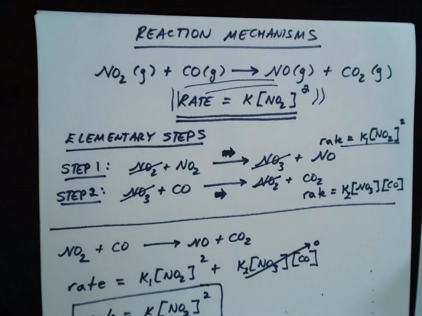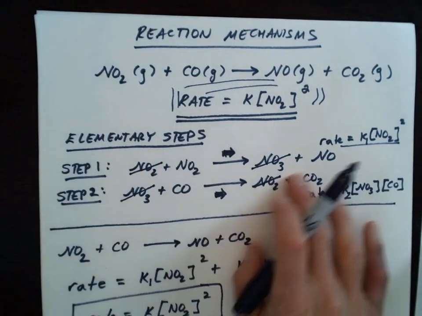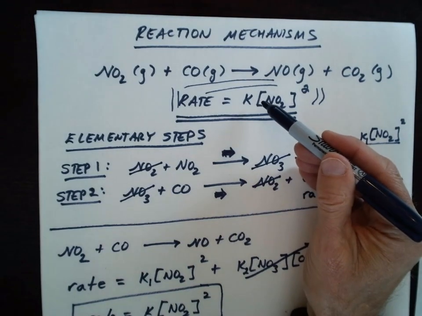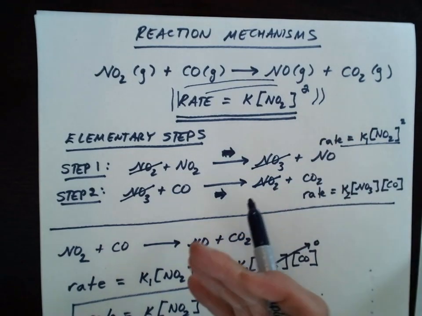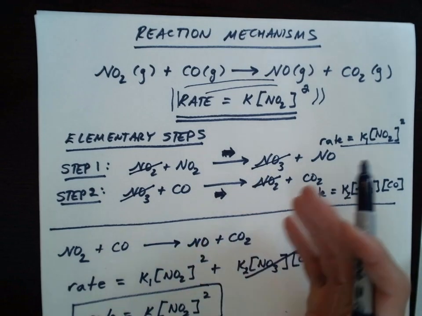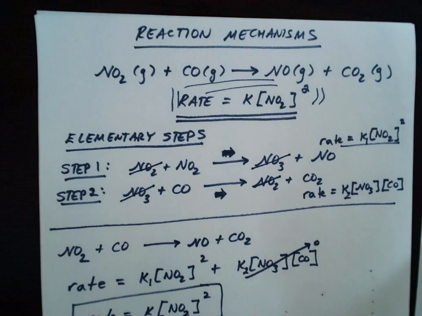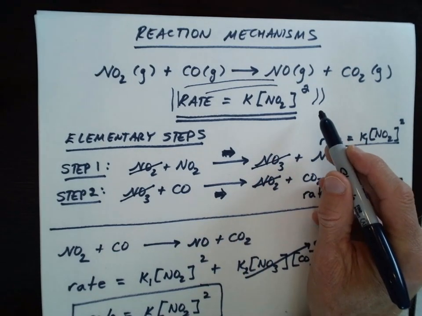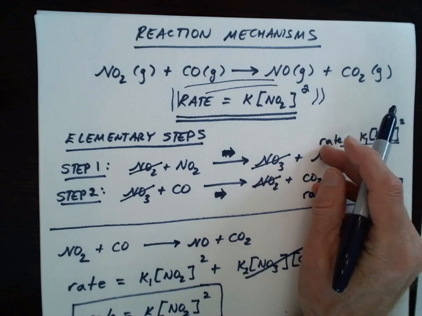And because our mechanism, this is called a kinetic mechanism, fits with what's observed experimentally, we say we have a proposed mechanism for the reaction. Now, these can never be proven, but what you can do is say this mechanism is consistent with what we observe, and that's the best you can do.